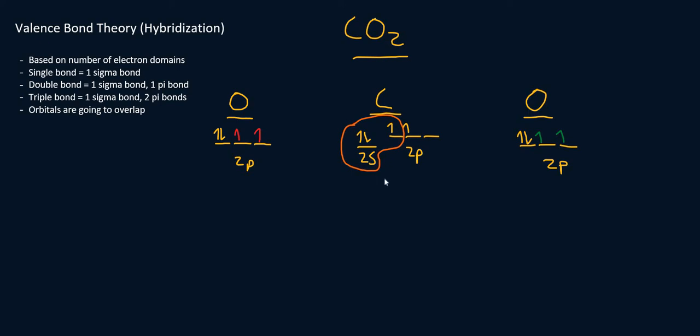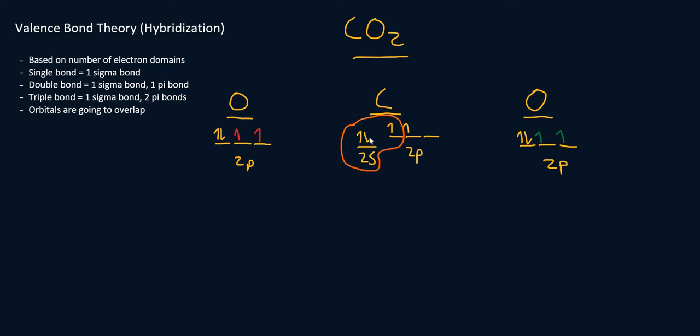That gives us the sp, and it also leaves us two unhybridized p orbitals up here. That's where our pi bonds are going to be made, in the unhybridized ones that we didn't include, and the sigma bonds are going to be made from the sp hybrid structure.